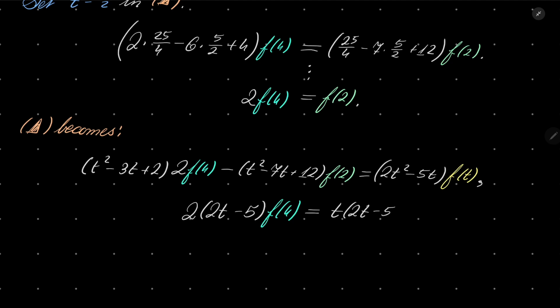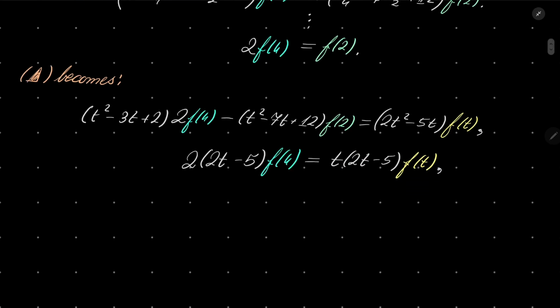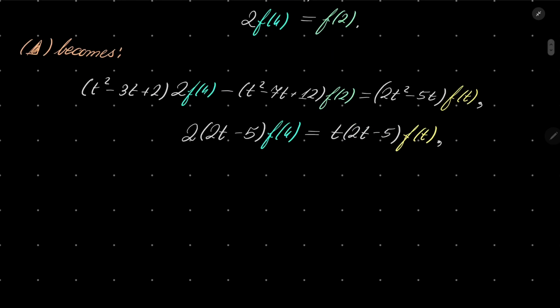2t minus 5 f of t, which is great because assuming that t is not equal to 5 over 2, we can do the division and we will have the following result: f of t equals 2 times f of 4 over t.